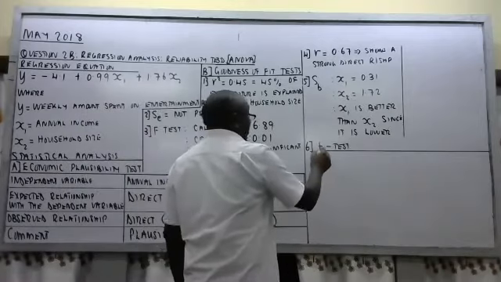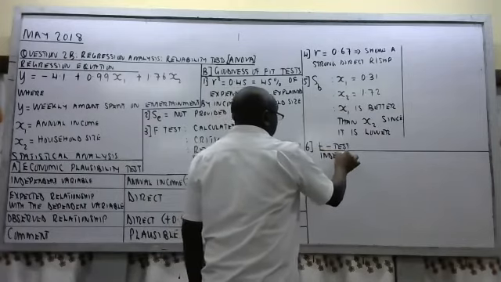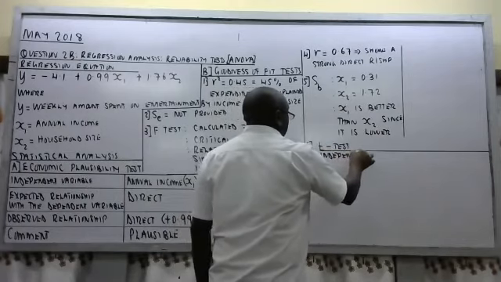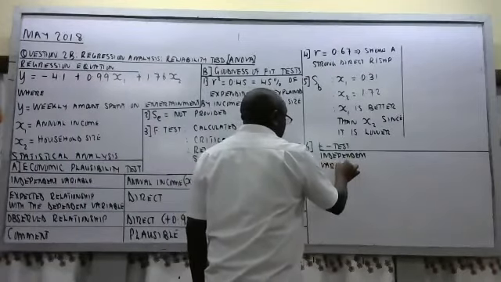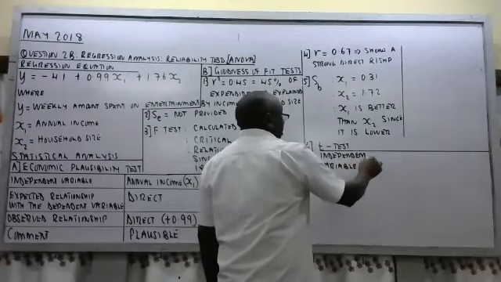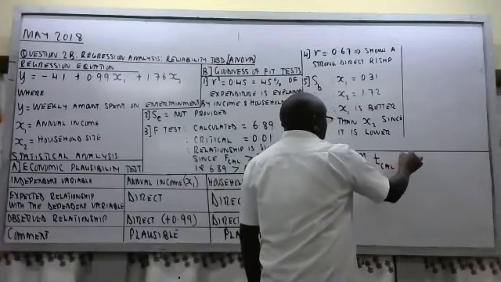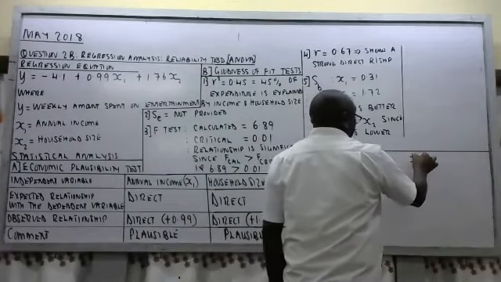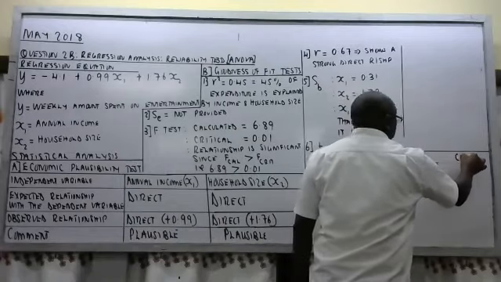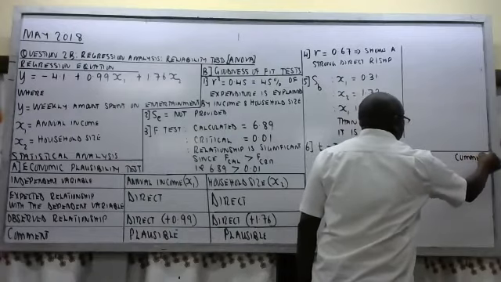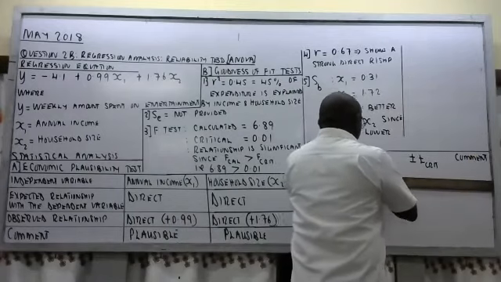For the t-test, I will need a column for the independent variable. I will need t calculated. I will need plus or minus t critical. And I'll need to make a comment or the conclusion whether it is significant or not significant.